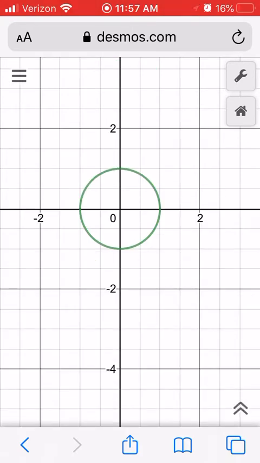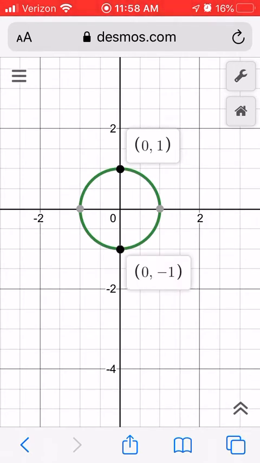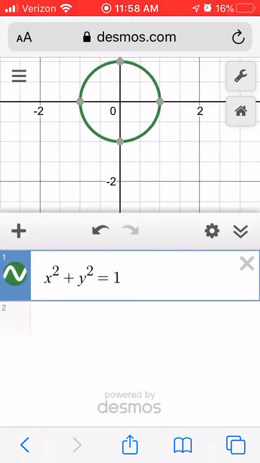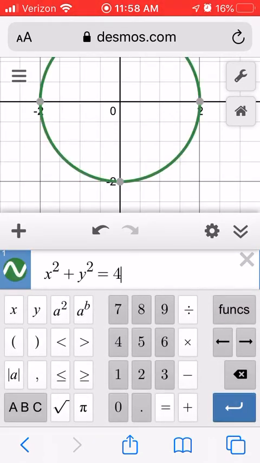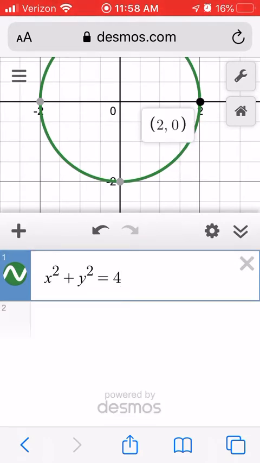You can also see that because the radius is 1, it goes up on the y-axis to 0, 1, and down on the y-axis to 0, -1. But let's say I change this to a 4. Do you see how over here the radius from 0 to 2 means the radius of the circle is 2, whereas in the equation, the constant there is 4.